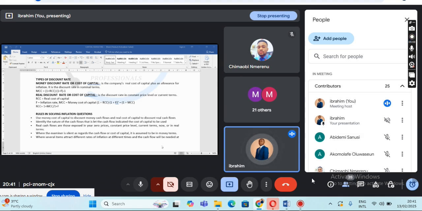If the company is diversifying, you already know that you will use the appropriate cost of capital to discount the project.